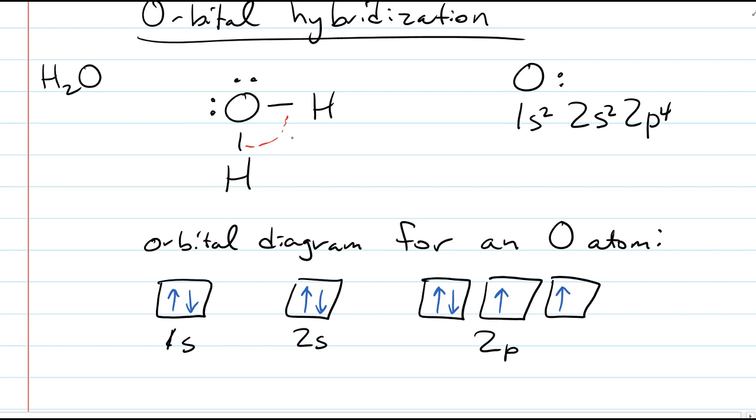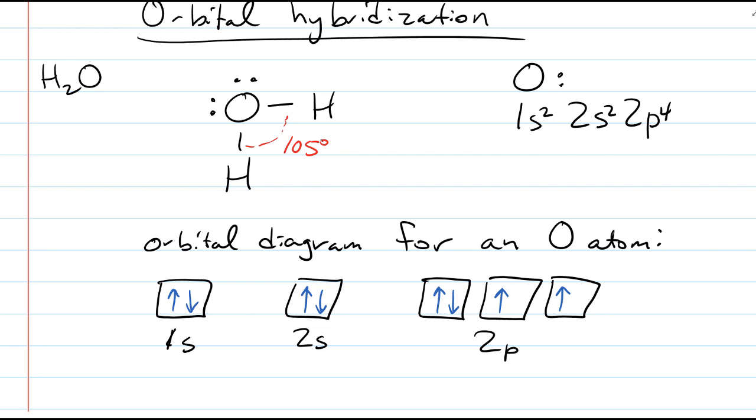Well, it's not 109.5, but it's 105 degrees. As long as you know it's less than 109.5, remember we're going to be okay. And so if we're talking about putting on hydrogens and sharing these electrons, we would expect that if it's using these p orbitals the angle ought to be 90 degrees, and it isn't.